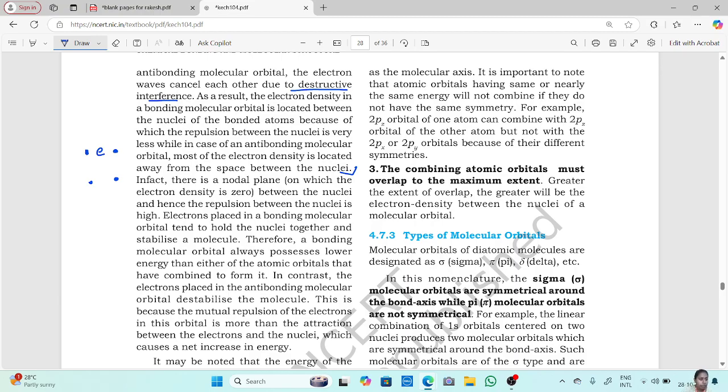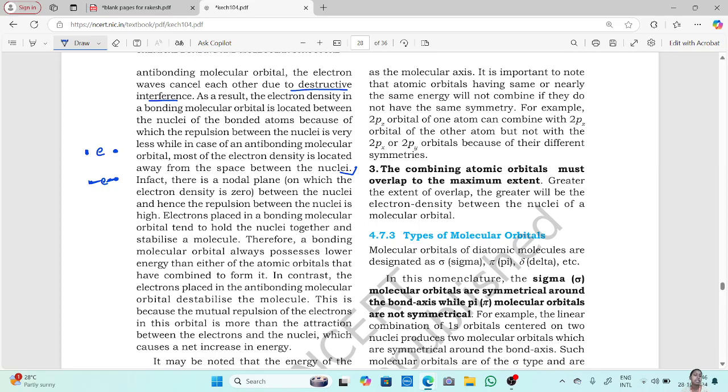But when we increase the electron density between the nuclei, there will be an attractive force between the nuclei and the electrons, so there will be less repulsion. When you reduce the repulsion, the nuclei will be more stable. So, the lower the energy, the more stable is the bonding molecular orbital.